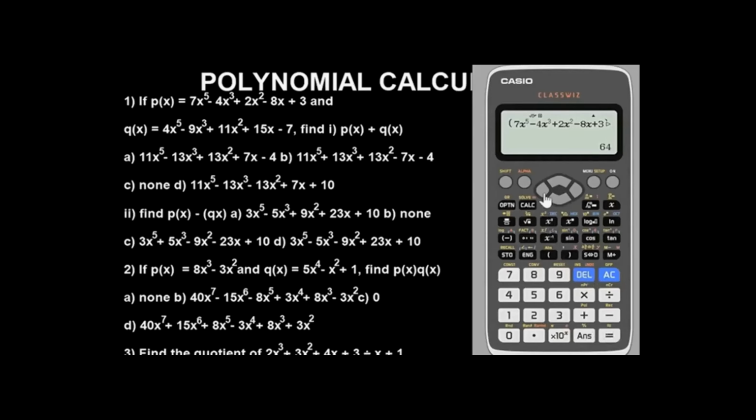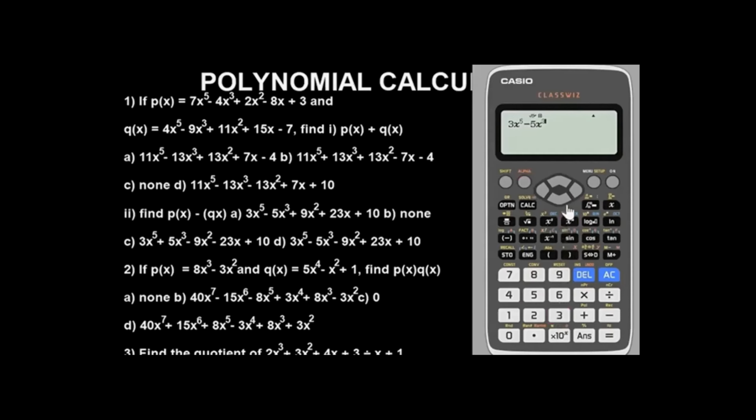Now let's quickly check option A. What's option A? It says 3x raised to power 5, minus 5x cubed.